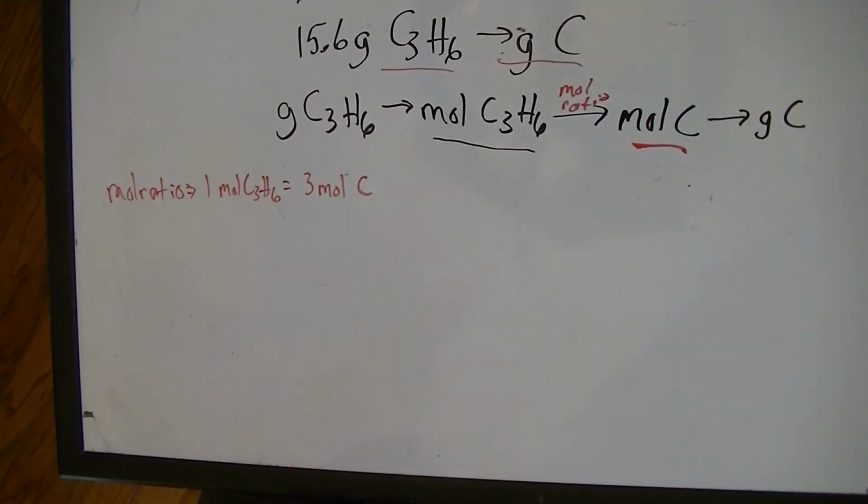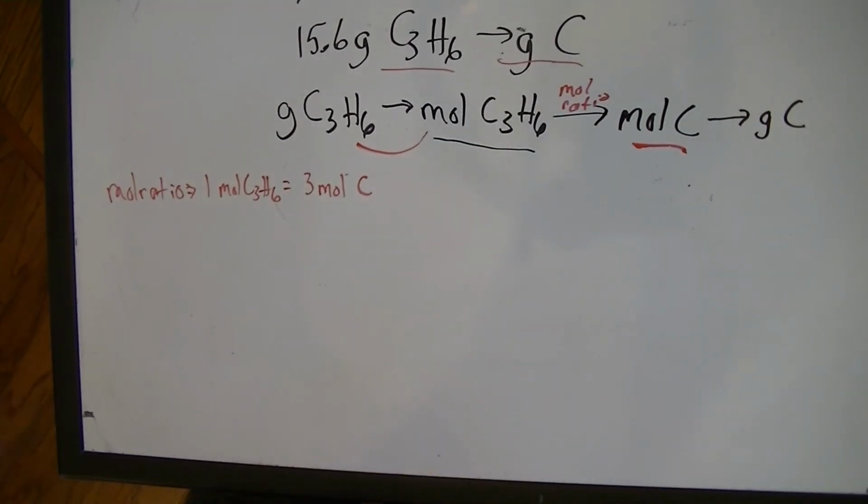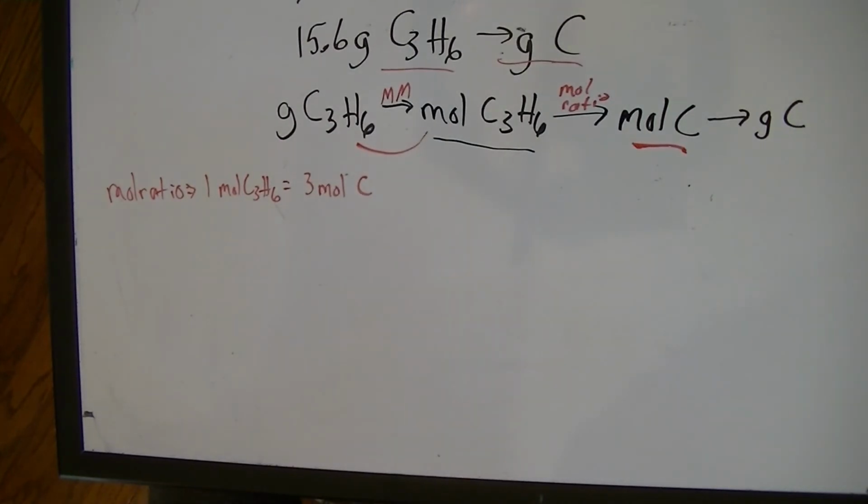All right? So looking at this step here, to get from grams to moles, what do we need to use all the time? Grams to moles, is it molar mass or Avogadro's number? It's going to be molar mass, okay, because molar mass has units of grams per mole, so that will get us between grams and moles.